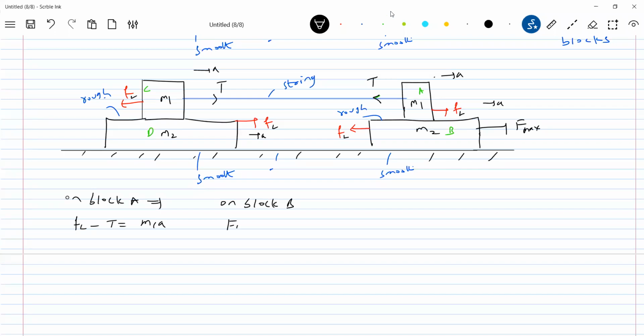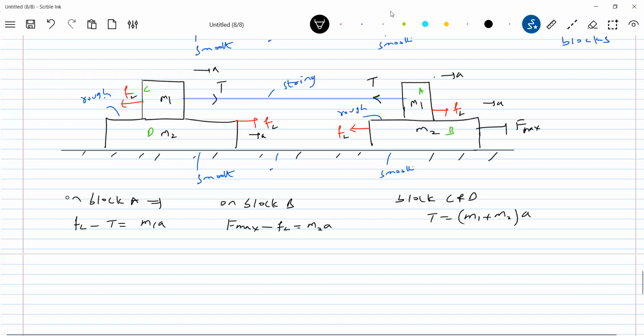On block B, F max minus FL equal to M2A. Then on blocks C and D together, what is the net force acting on the system? Only the tension. This FL will nullify. So together for blocks C and D, T should be equal to (M1 plus M2) into A.